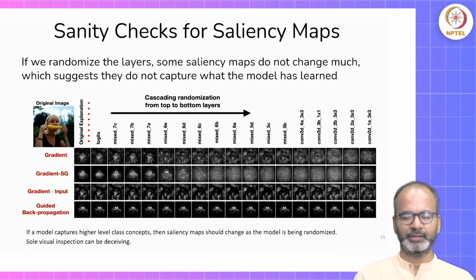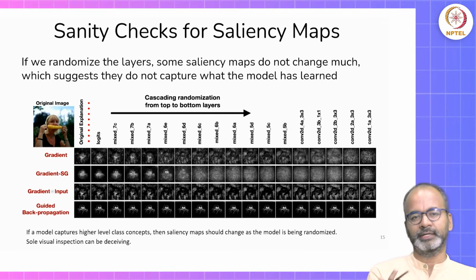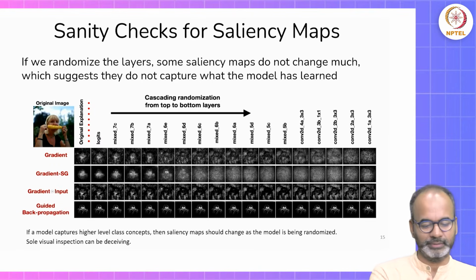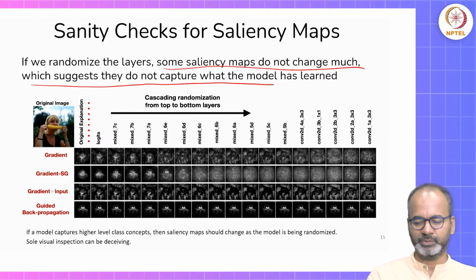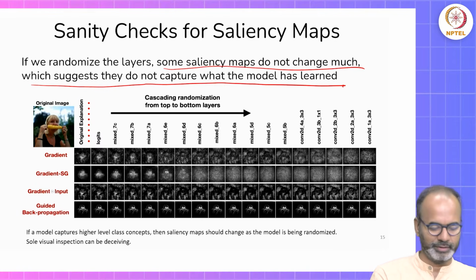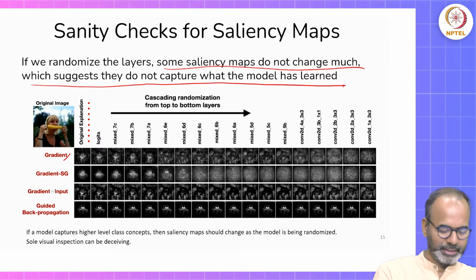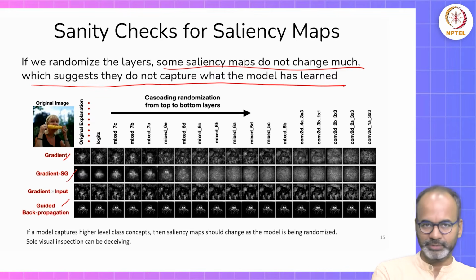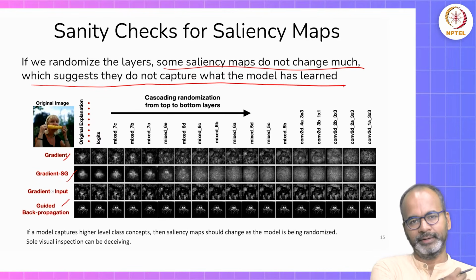Or a dog. So here's a nice method: if you change the layers of the neural net, what should happen? If you randomize the layers, some saliency maps do not change much, which suggests that they do not capture what the model has learned. So if you look here, these are gradients, guided backpropagation, and SG, which we just saw, SmoothGrad.